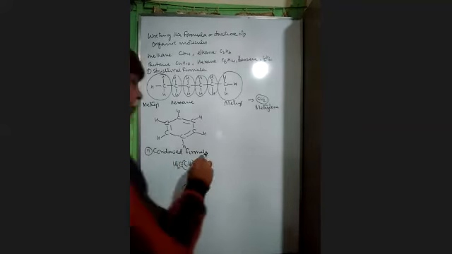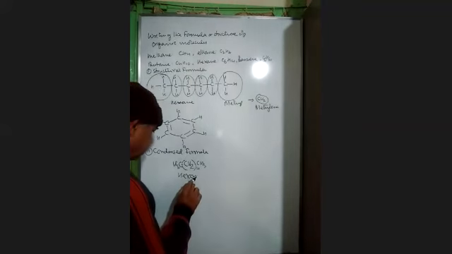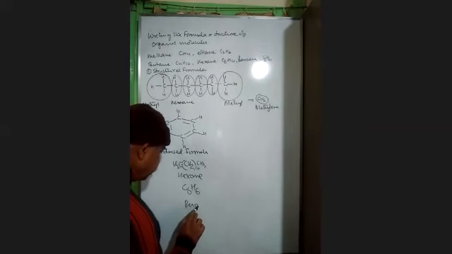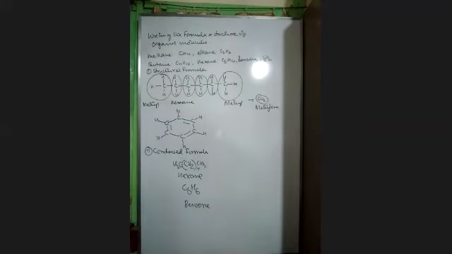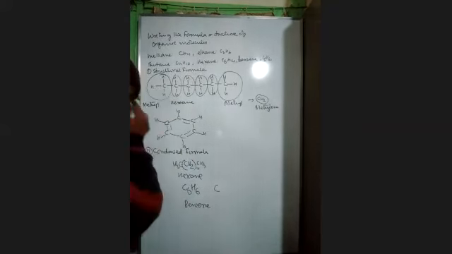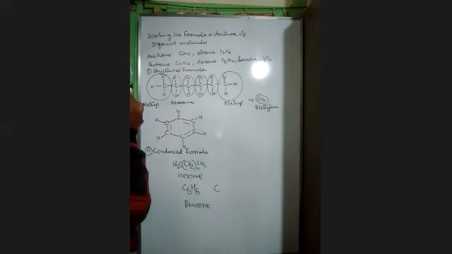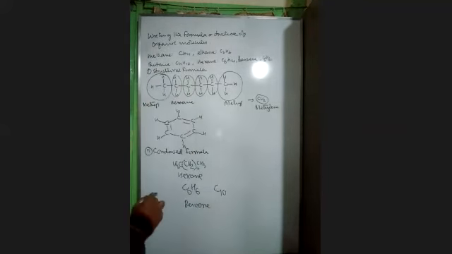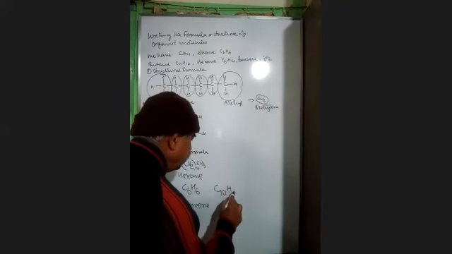We can write big molecules like this. Say I have taken here, we know it is hexane, and this is benzene. Similarly, you will find here C10H8.